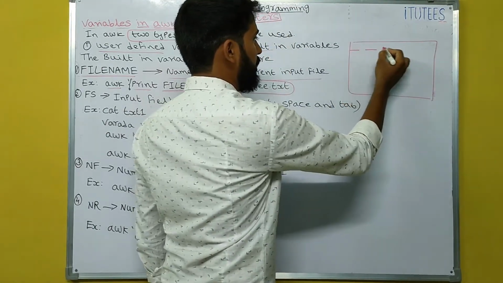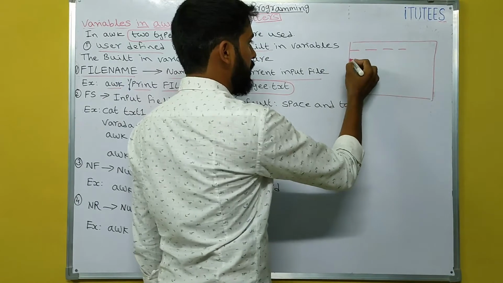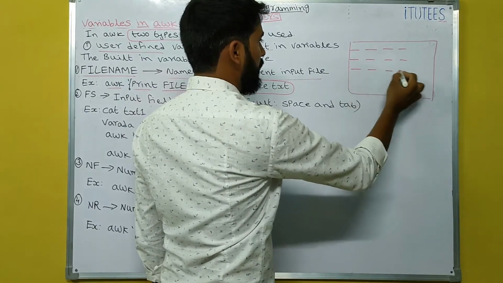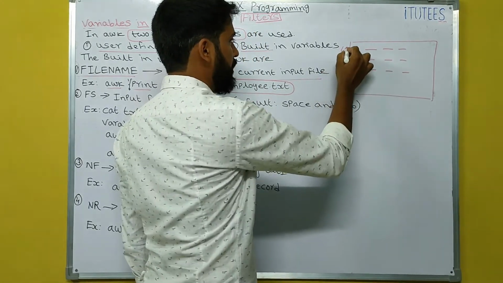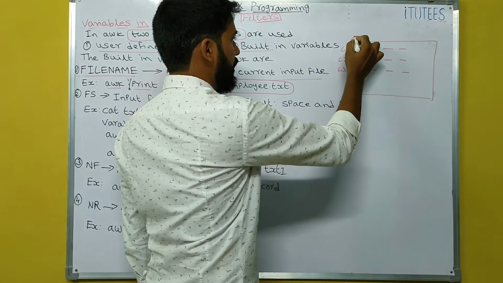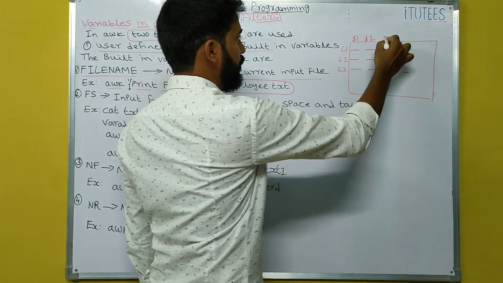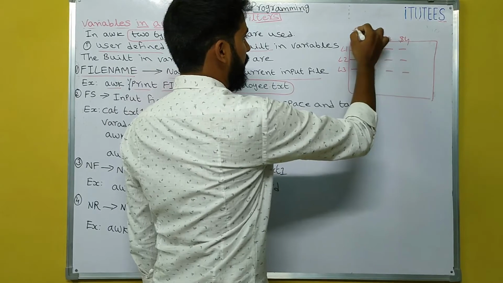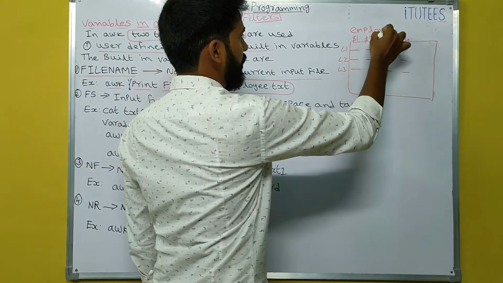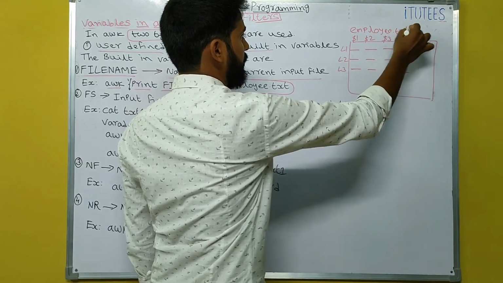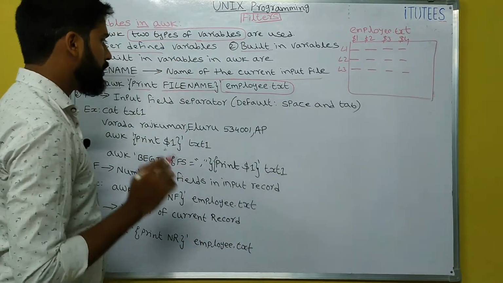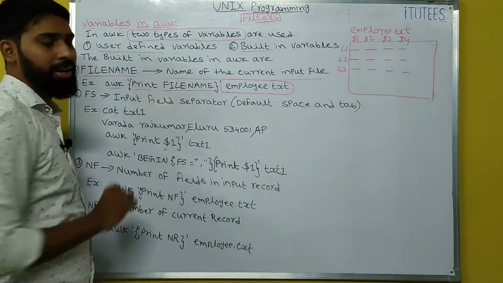In this there are 4 fields and 3 lines. That means this is line 1, line 2, line 3. So field 1, field 2, field 3, field 4, and the file name is employee.txt.